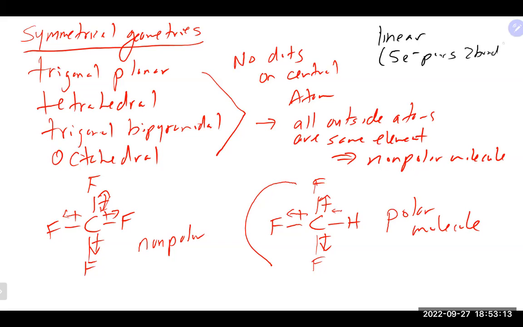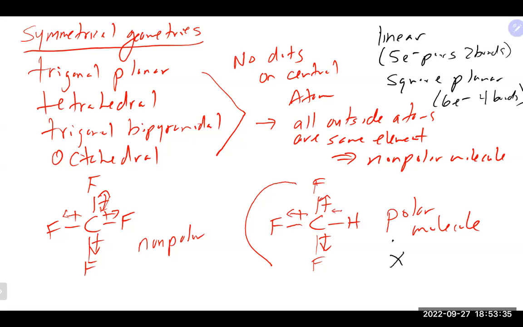They are expanded octet linear, and also our square planar, which is 6 electron pairs and 4 bonds. These two guys, when you draw them, will have dots on the central atom, but because of their geometry, they will still end up being nonpolar.